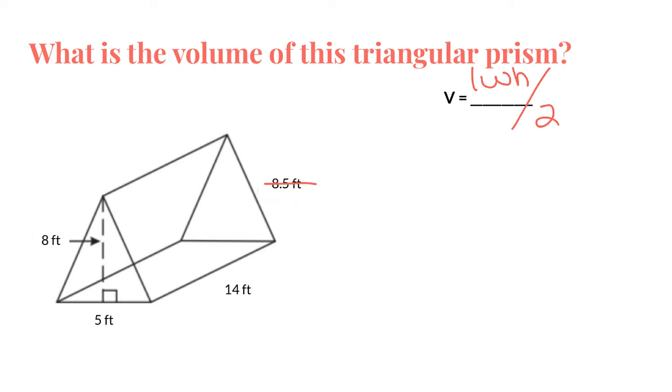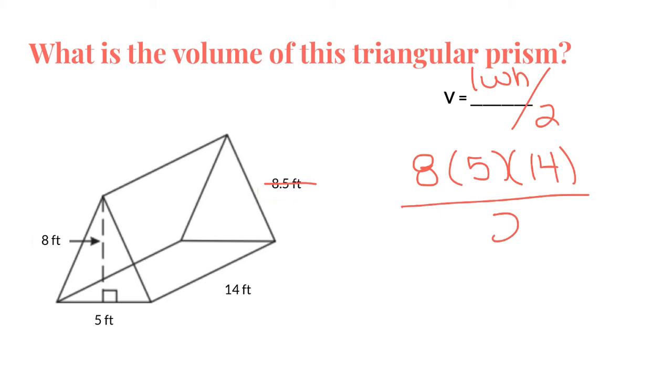So we're going to do length times width times height divided by 2. So no slanted height. All right, so 8 times 5 times 14 divided by 2.